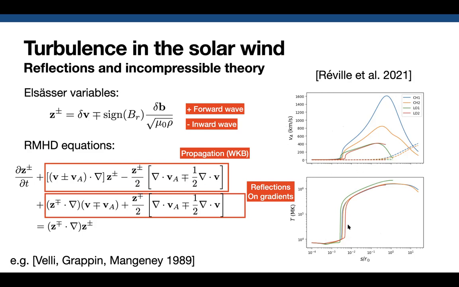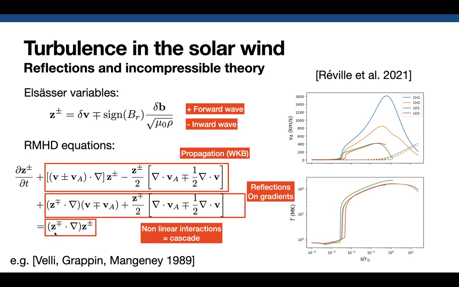And you see going into the transition region, you have these strong gradients at the transition region and beyond of the Alfvén velocity, and you have a maximum of Alfvén velocity around, let's say, 1 solar radius after the surface.